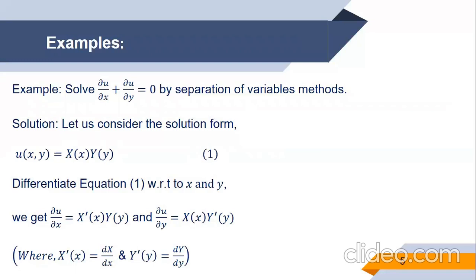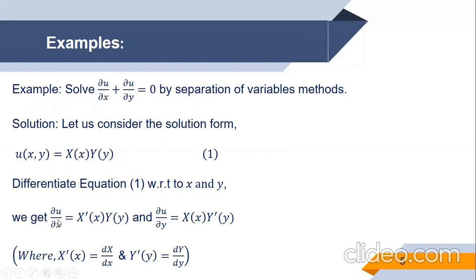Now we differentiate equation 1 with respect to x and y, because this is the solution of this equation. We consider obviously this is satisfied by this equation. So we find del u by del x and del u by del y. We differentiate with respect to x and with respect to y.